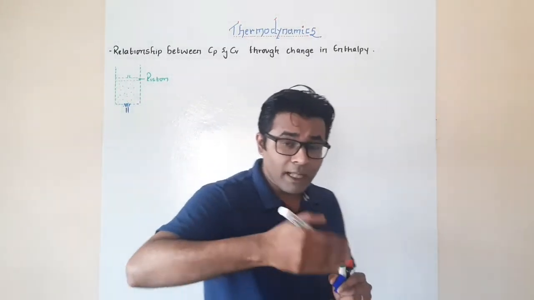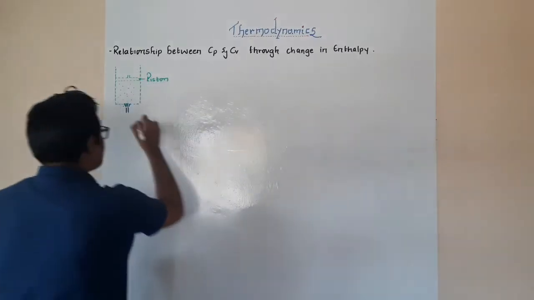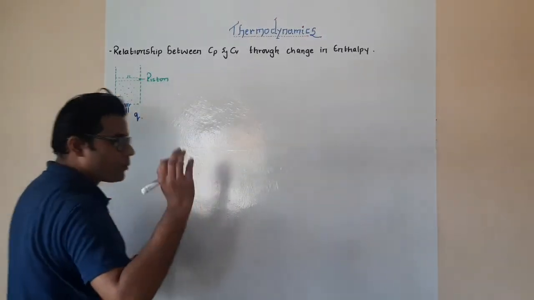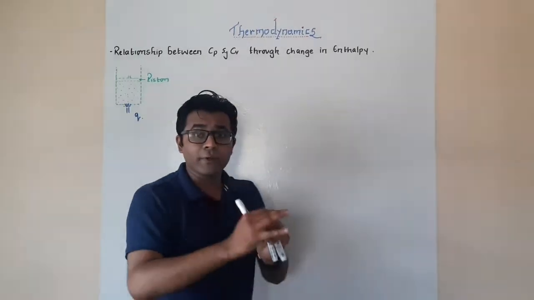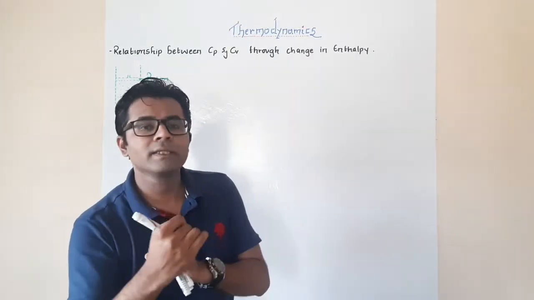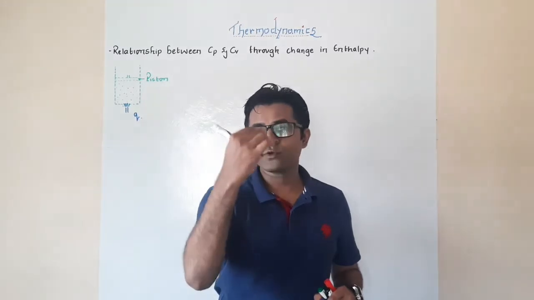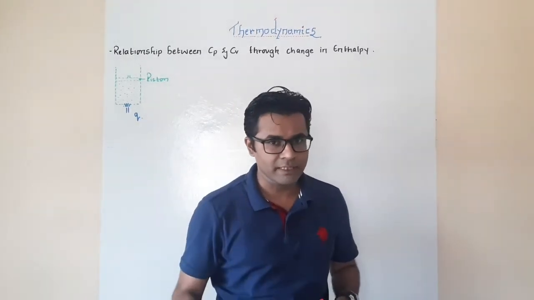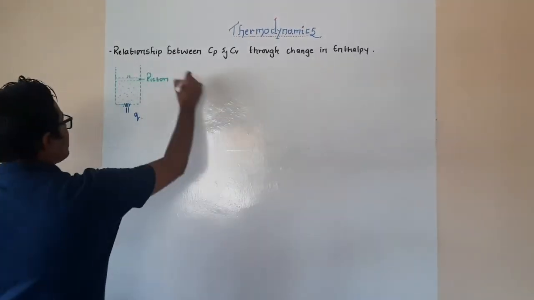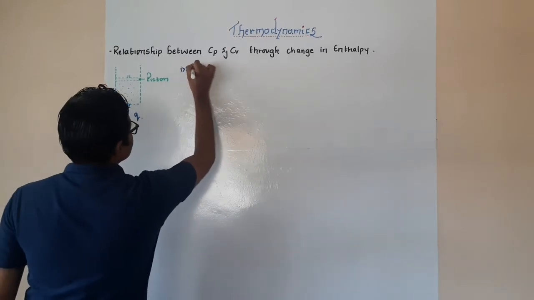Correct. So as we supply Q amount of heat to the system, depending upon the condition, whether the system is kept at constant volume or whether this entire process occurs at constant pressure, we are going to have two different types of expressions. Let us say, first point, at constant volume.